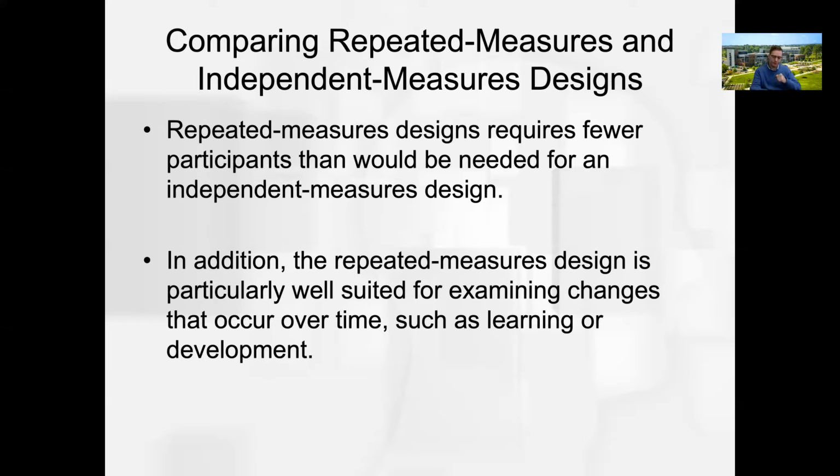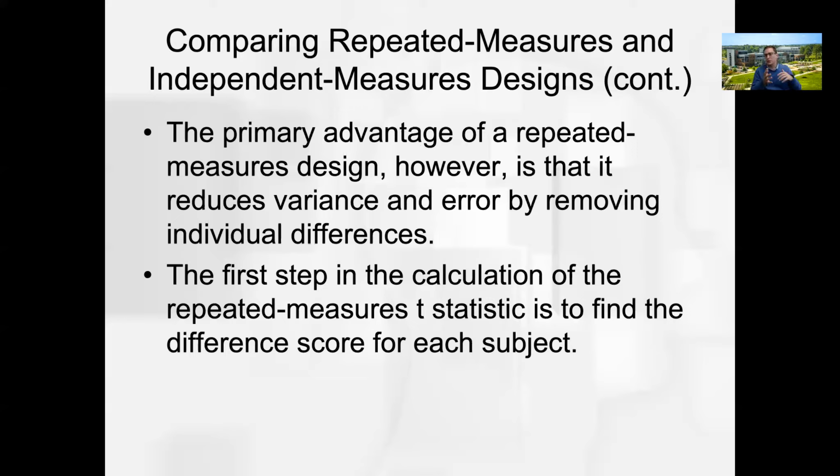The primary advantage of a repeated measures design is that it removes variance and error by removing individual differences. What we talked about with our independent measures t-test was that you had one group that served as the control, representing the population. Here, the group that is the treatment condition also serves as its own control.